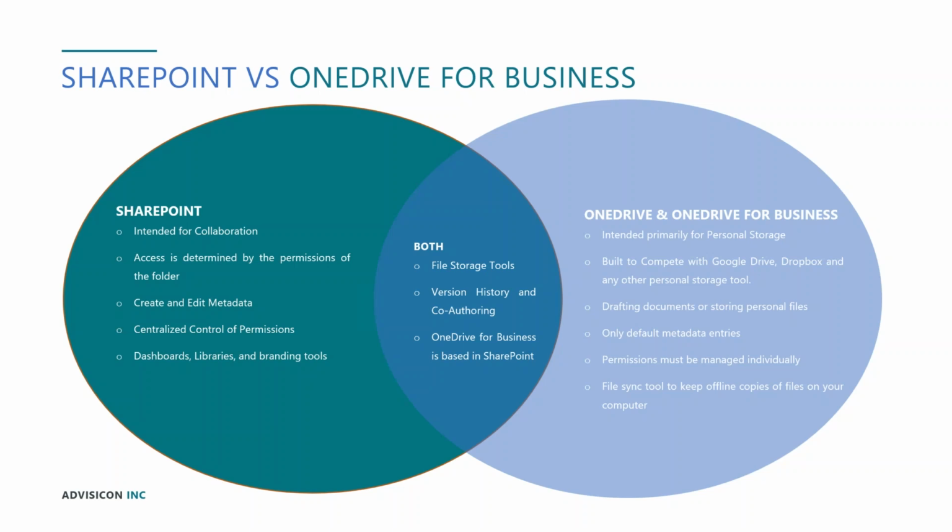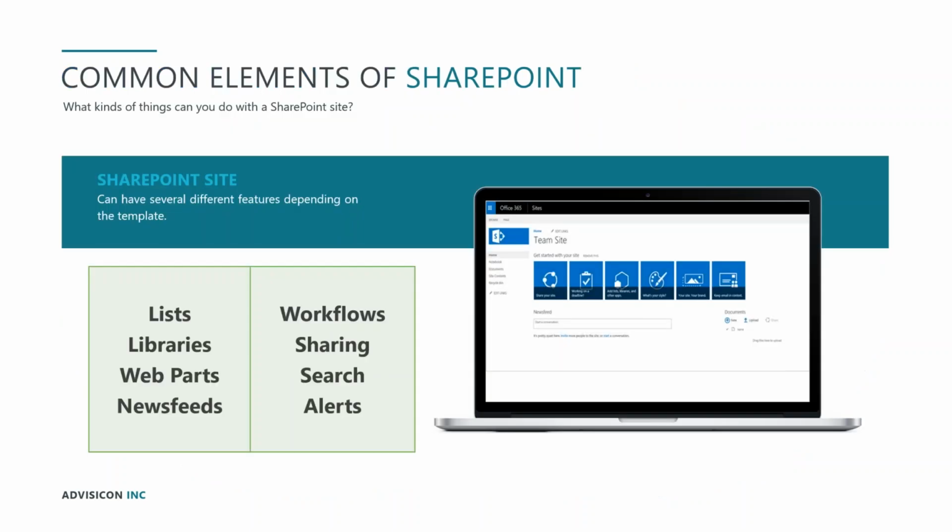As we'll see when we look a little deeper into the demo later, the OneDrive sync tool brings file copies down onto your desktop, and that connects to both SharePoint shared libraries as well as OneDrive. So there's a little bit of overlap there.